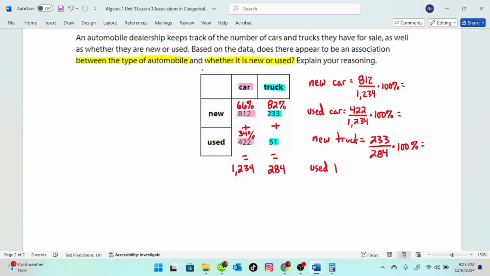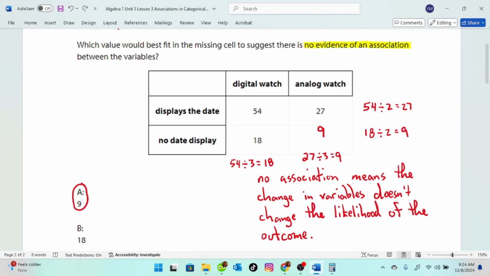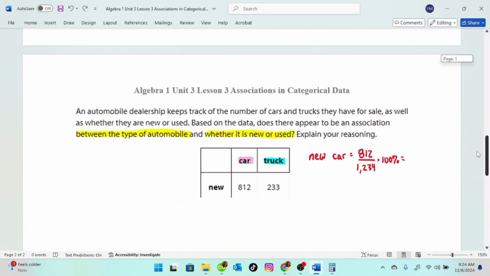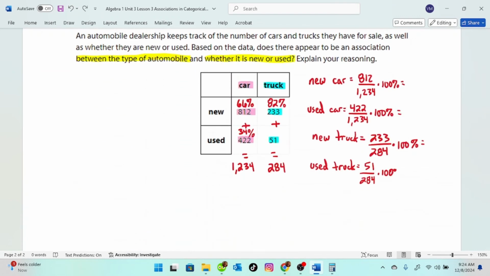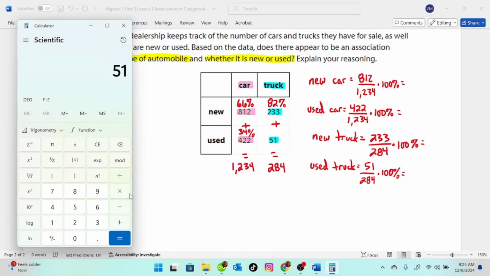And finally, when we look at used truck, that's 51 divided by 284 times 100%. The 9 tells us to round this up to 18%.